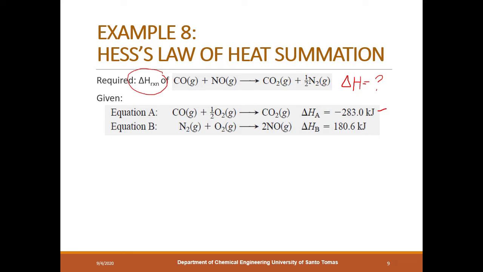Equation B is the combination reaction of molecular nitrogen and oxygen to form 2 moles of nitric oxide, and this involves a heat of reaction for reaction B of 180.6 kilojoules.